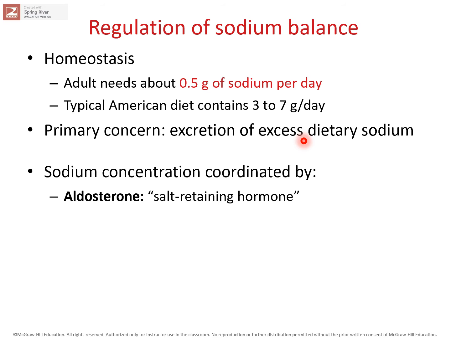We have no direct mechanism or hormone that tells your nephron to excrete excess sodium. We can prevent reabsorption by an indirect mechanism that we'll talk about, but there's no direct hormone that tells your nephron to secrete sodium. So the sodium concentration is highly coordinated by the aldosterone hormone.